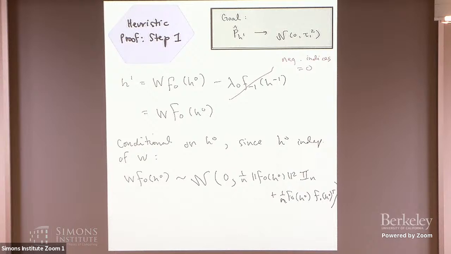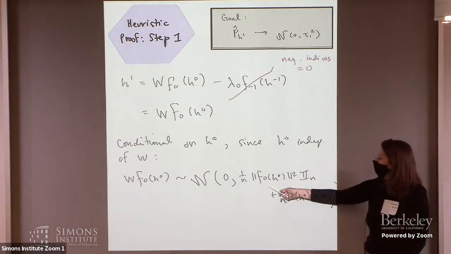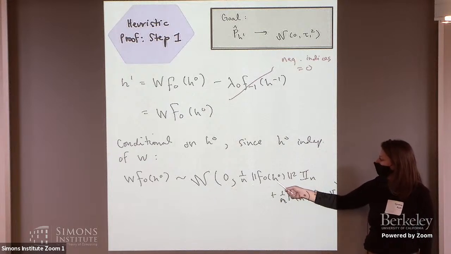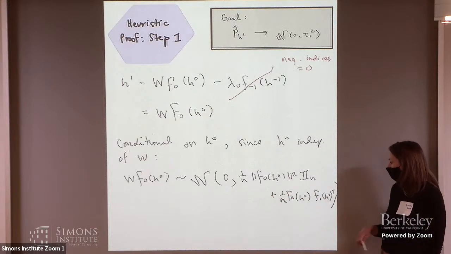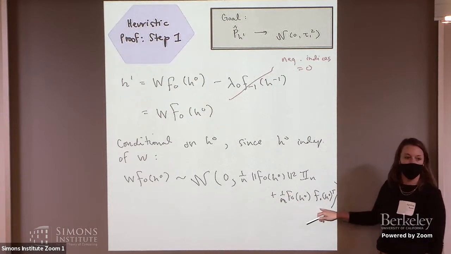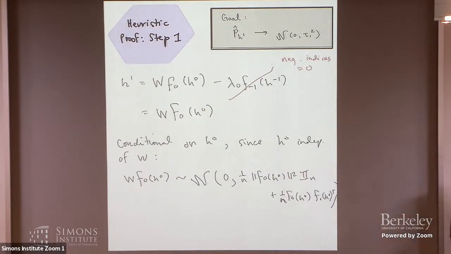Okay, so, right. What's the takeaway here? When we look at this distribution, this is a deterministic value because we're thinking conditional on our initialization. So we have some value times the identity, and then we have a kind of rank 1 perturbation to that identity covariance that just comes from the fact that our W matrix is symmetric.